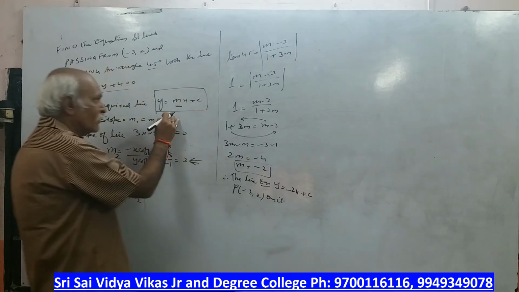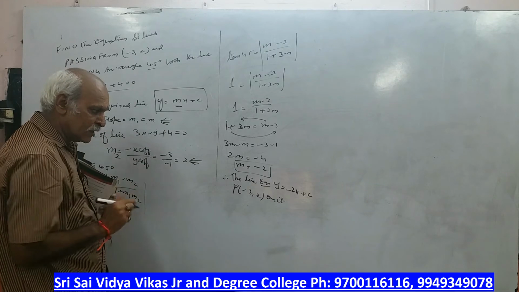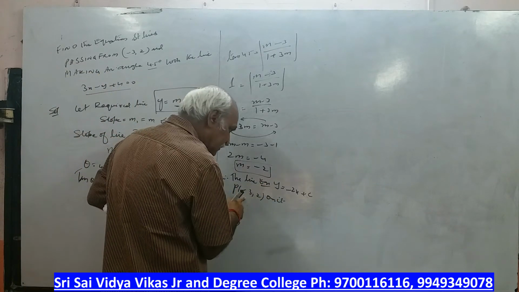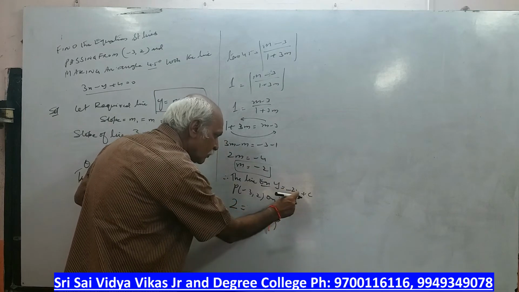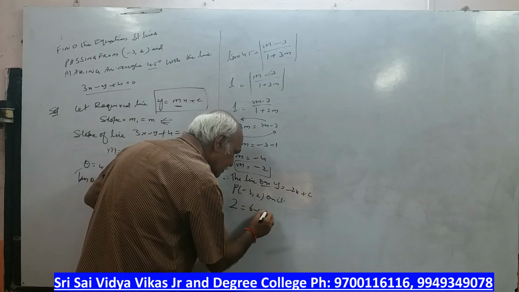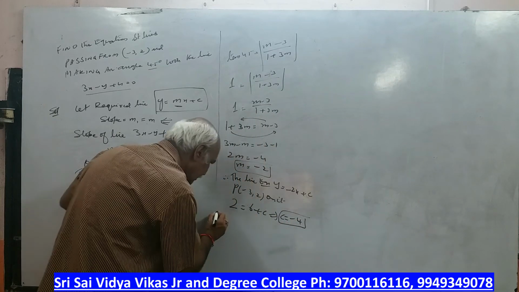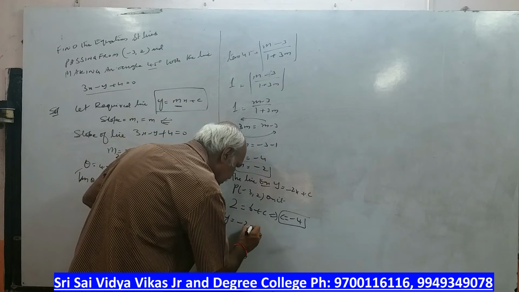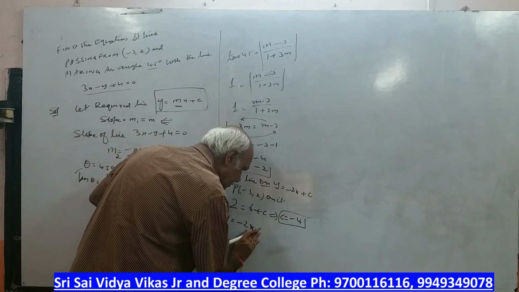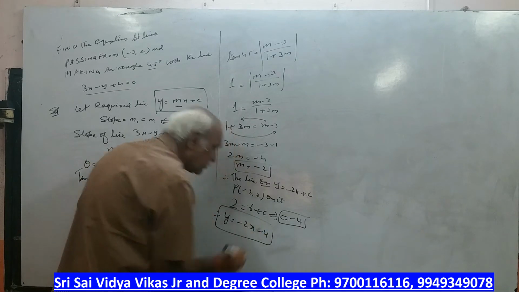So we have used y is equal to mx plus c, we have applied the tan theta formula, then we have found the m value. So minus 3 comma 2 means x is replaced by minus 3, y is replaced by 2. So 2 is equal to minus 2 into minus 3, 6 plus c. From this, what is the c value? Minus 4. Therefore y is equal to mx plus c, already we got m, and the c value we got is minus 4. So we got the c value.